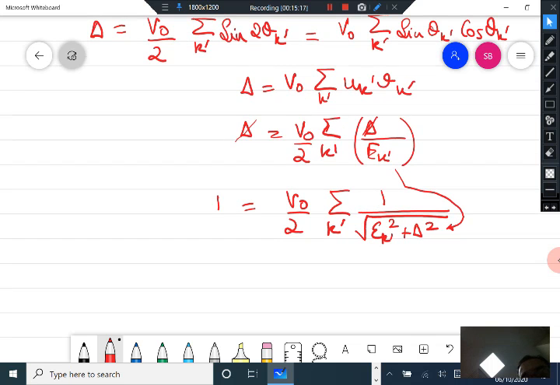And now recall from condensed matter physics, if you are taking a summation over all momentum states, all these momentum states are around the Fermi energy.